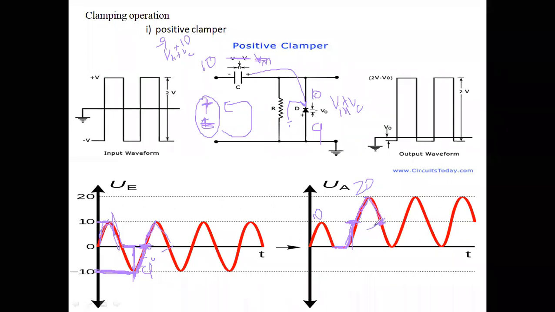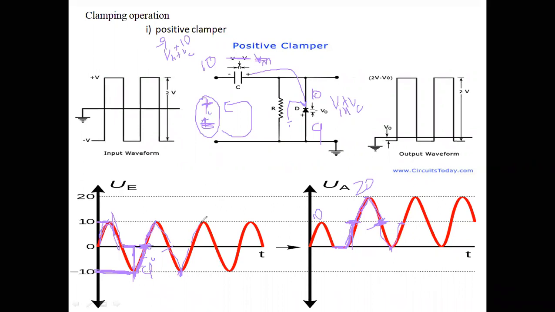When it is at minus 10, when it again goes to the negative cycle, our output may go to 0, because at the input side we have minus 10 and the capacitor has plus 10, both will get to 0. Therefore our output goes to 0, and again from minus 10 it rises to 0, and from 0 it goes to 10 volts.